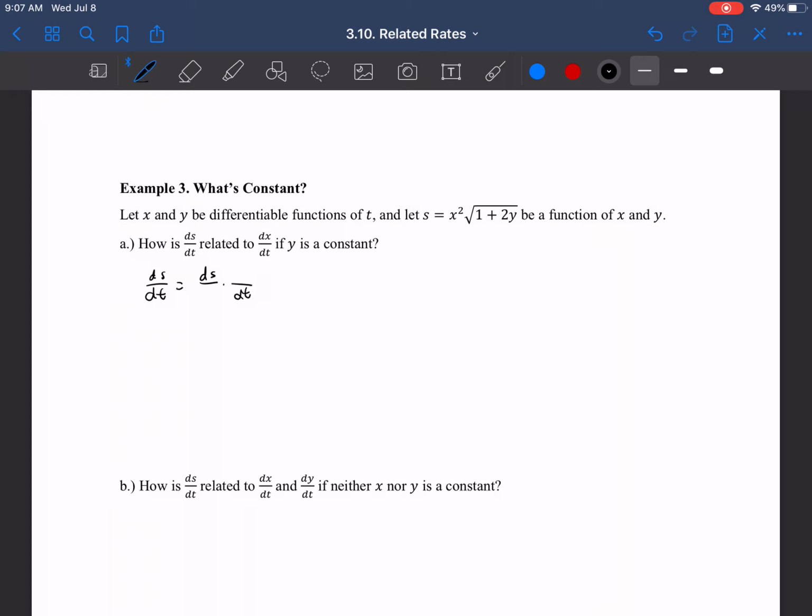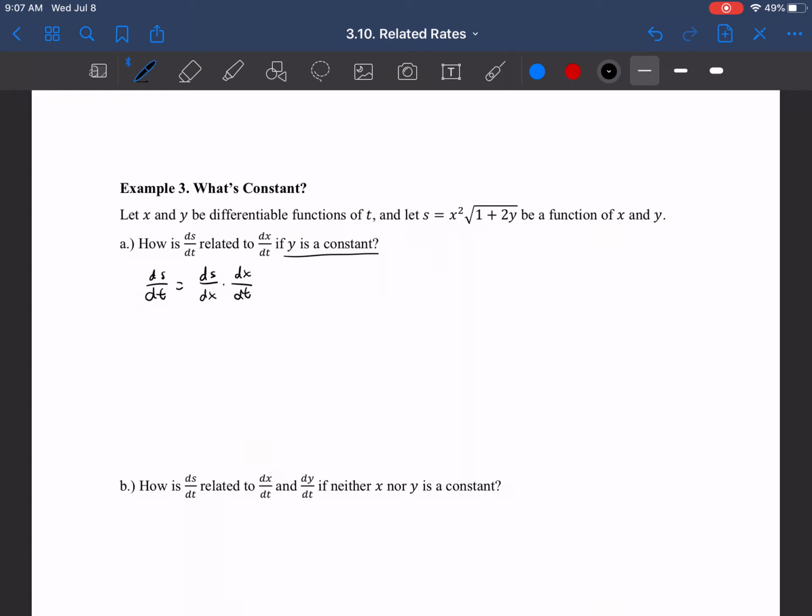And then the other thing we have is x. So ds/dx. And please remember this part. y is a constant, okay? We're treating y as a constant, so we can't do a ds/dy and dy/dt. That's constant.